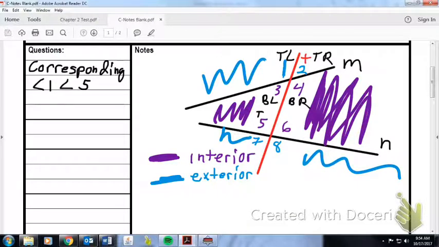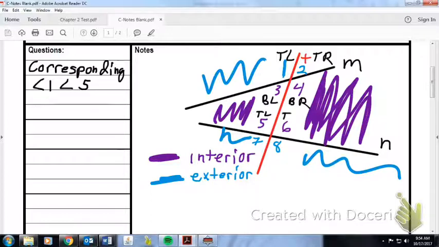Because see how number 1 is the top left angle? Well, number 5 is also the top left angle. So what I want you to do, take a really quick minute and fill in the other 3 corresponding pairs. So you should have 4 total. Okay, so hopefully you hit pause and filled them in.